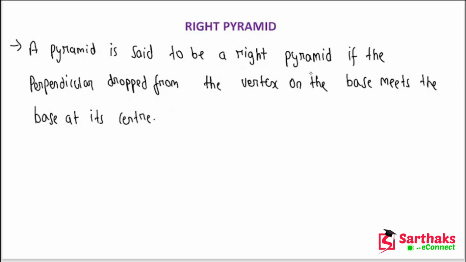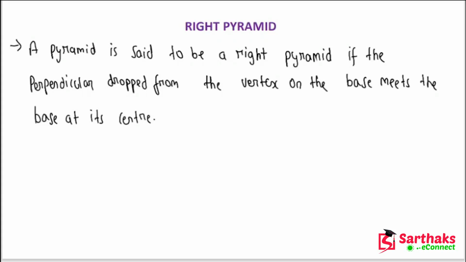So a pyramid is said to be right if its perpendicular drop from the vertex to the base meets at the center. But if you recall, the line joining the vertex and the center is called the axis. So basically, if the axis is perpendicular, then the pyramid is a right pyramid.